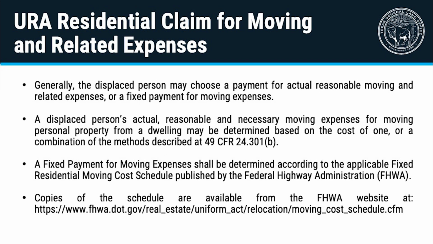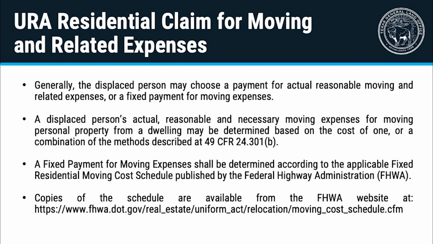Generally, the displaced person may choose a payment for actual reasonable moving and related expenses, or a fixed payment for moving expenses. A displaced person's actual, reasonable, and necessary moving expenses for moving personal property from a dwelling may be determined based on the cost of one or a combination of methods described at 49 CFR 24.301(b), which will be described later with the completion of the form.